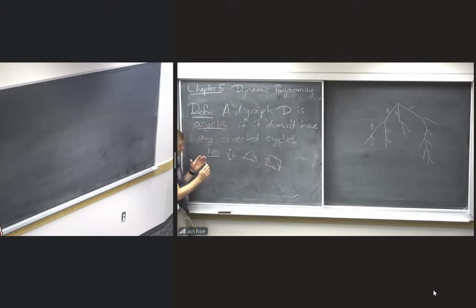But you can have cycles that are not perfectly directed, like clockwise or something. You are allowed to have, for example, something like this, right? Because it's not a directed cycle. There's a backwards edge.